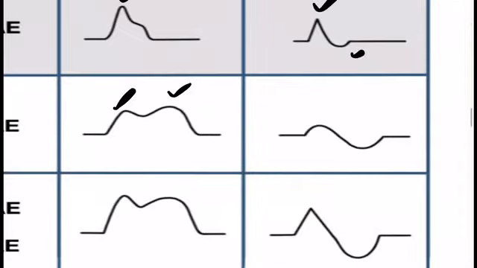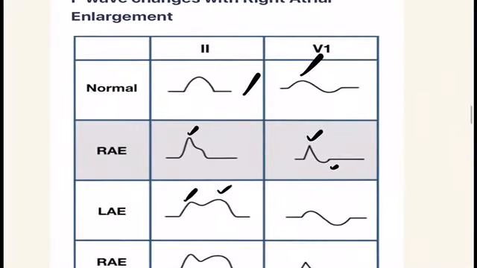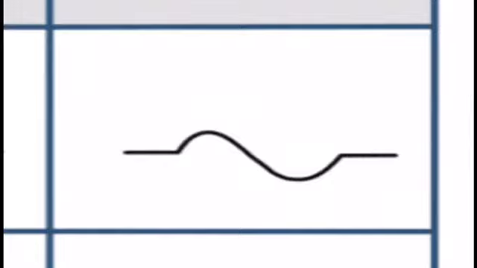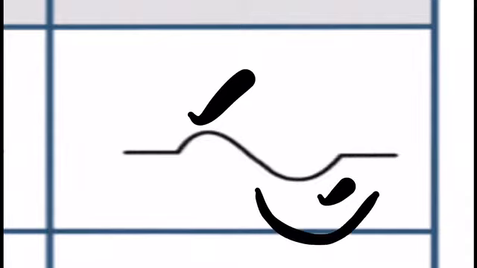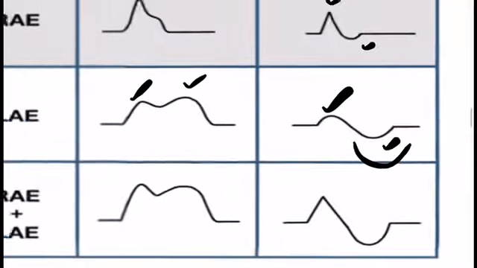Now what will happen in the V1 lead? Okay, see, the earlier part of the P wave is normal, and the later part is showing a more curved P wave. Why is it more curvy? Because of the left atrial enlargement.